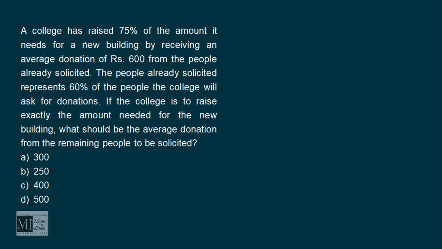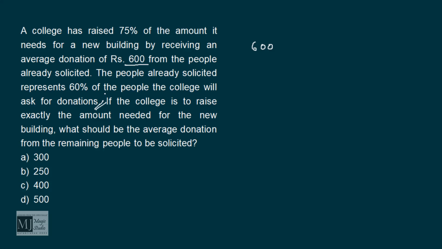A college has raised 75% of the amount it needs for a new building by receiving an average donation of rupees 600 from the people already solicited. The people already solicited represent 60% of the people the college will ask for donation.